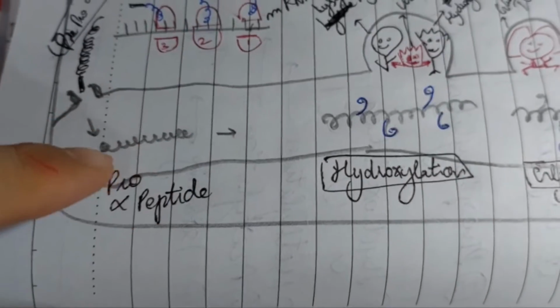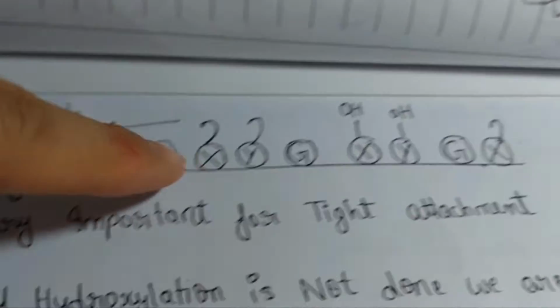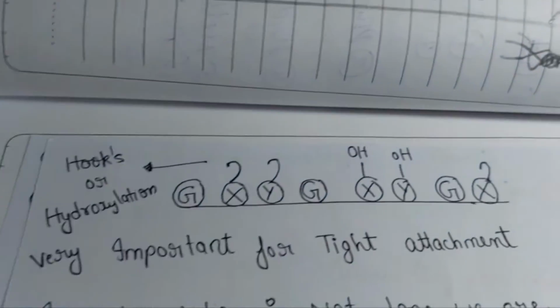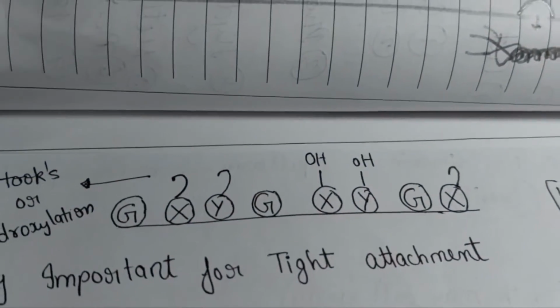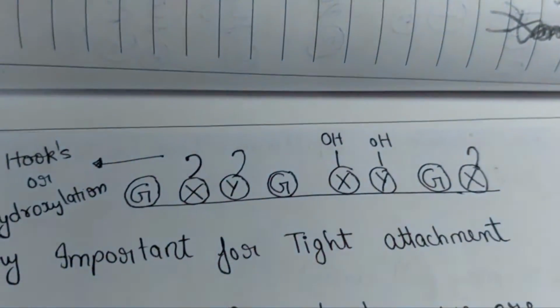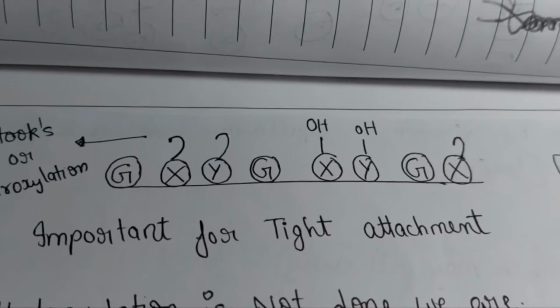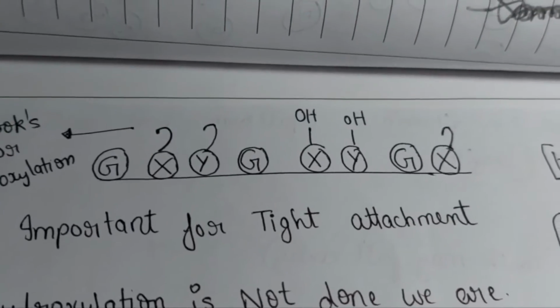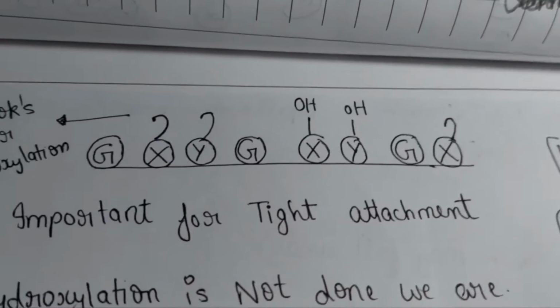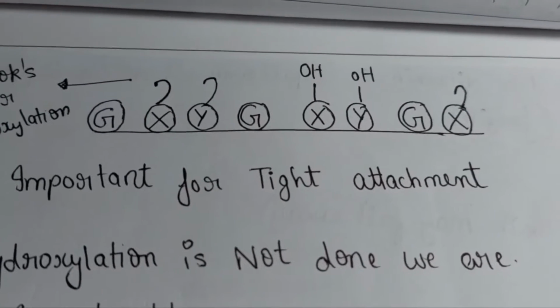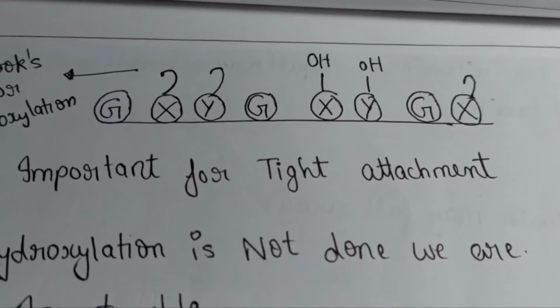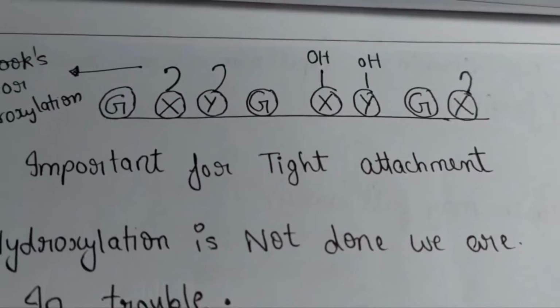So we remember that the pro alpha peptide chain had glycine at every third position, because it has a small side chain to help when the three peptide chains form a helix, so that they will be further tightened. And now we attach hydroxyl groups and do hydroxylation to further strengthen the twisting of the three alpha peptide chains when they attach with each other.